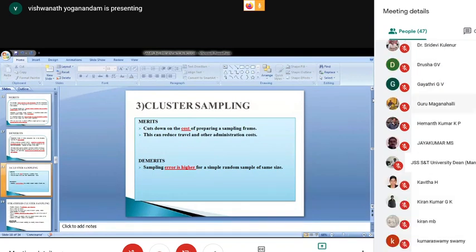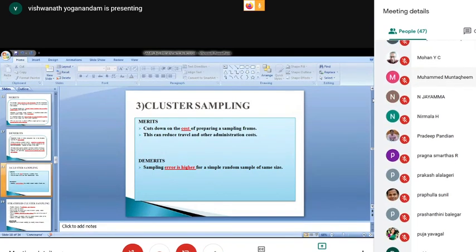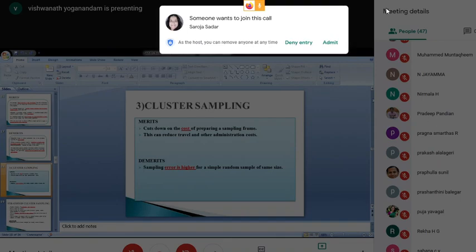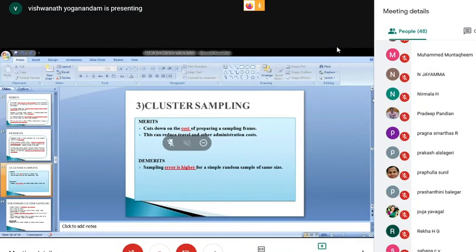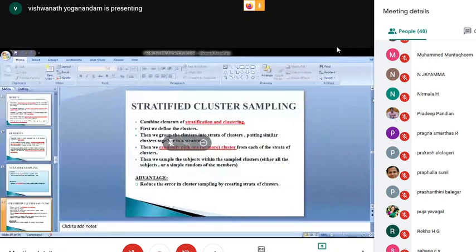So what you do is cluster them into different regions, for example Bangalore, Davangere, Mysore, etc. And in each cluster, you identify one or two colleges and do a full census survey in that. Then it would be called cluster sampling. Later, I will show you one example, then you will understand. Stratified cluster sampling is also similar to cluster sampling, but within clusters there will be strata.